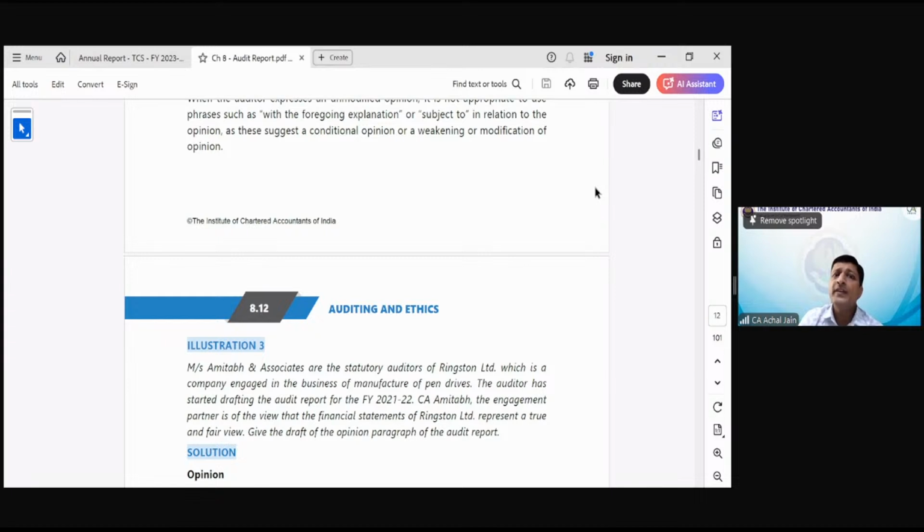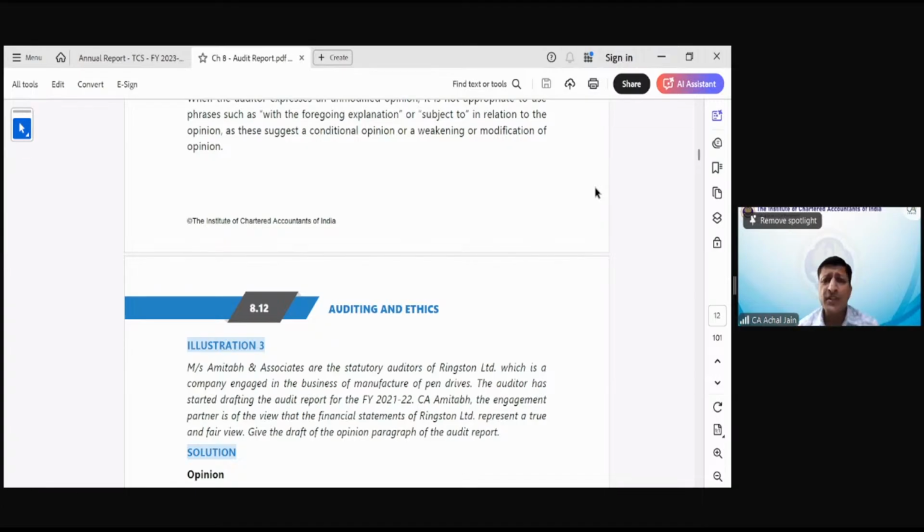So in the opinion para, if you remember, there were two sub-paras we discussed. So just apply the same thing in a similar manner and try to revert on this, the way we discussed.